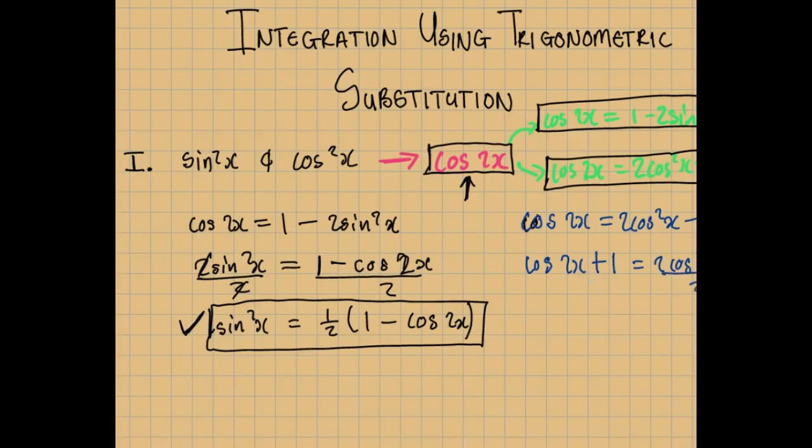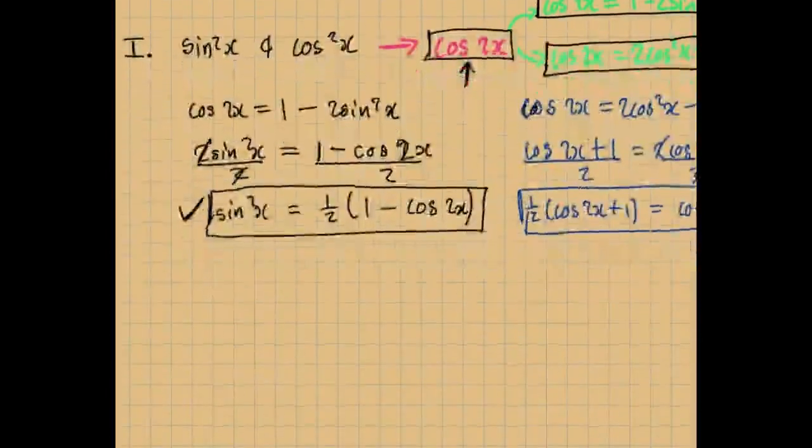We divide both sides by 2, and dividing by 2 is the same as multiplying by half. So half of cos 2x plus 1 is equal to, this 2 and this 2 cancel, cos squared x. And this is an important relationship that you don't have to cram. But just remember the double angle formulae and then you can make these guys the subject.